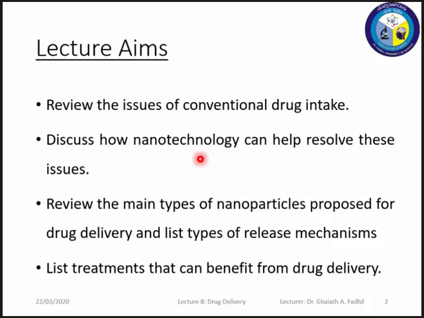Then we'll go into discussing the main types of nanoparticles that are predicted to be possible to use in drug delivery, the most common types of release mechanisms, and then some of the treatments that have been using nanotechnology or nano-based drug delivery.